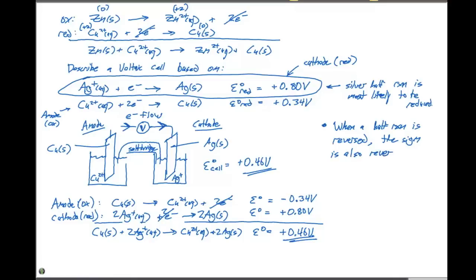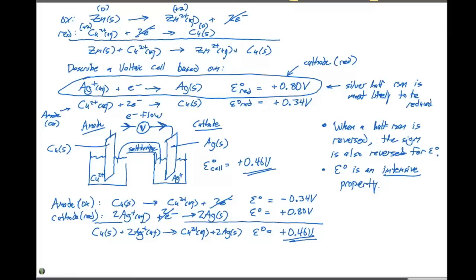Or I should say, the sign is also reversed for our potential, or our standard potential. Another thing to note is that our cell potential, or our E naught, is an intensive property. What an intensive property tells us is that it does not depend on the amount of the substance present.